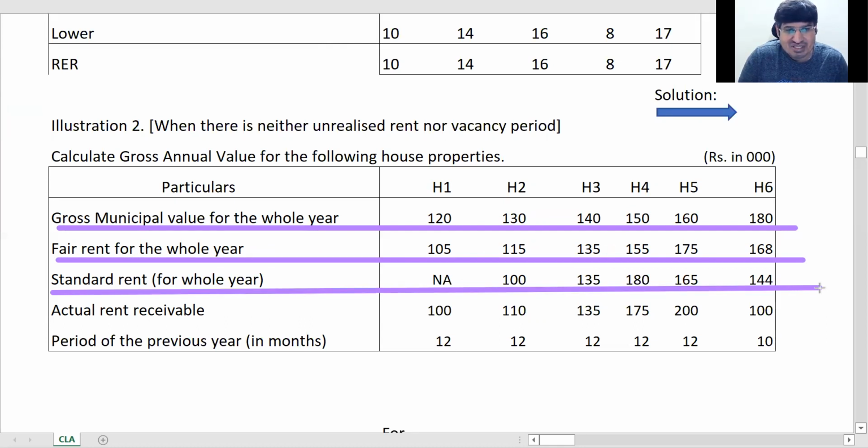Correct? Yes, sir. We can use these three and calculate RER, and then we will use actual rent received or receivable, second step. Okay, and then we will get gross annual value. So let's do it.